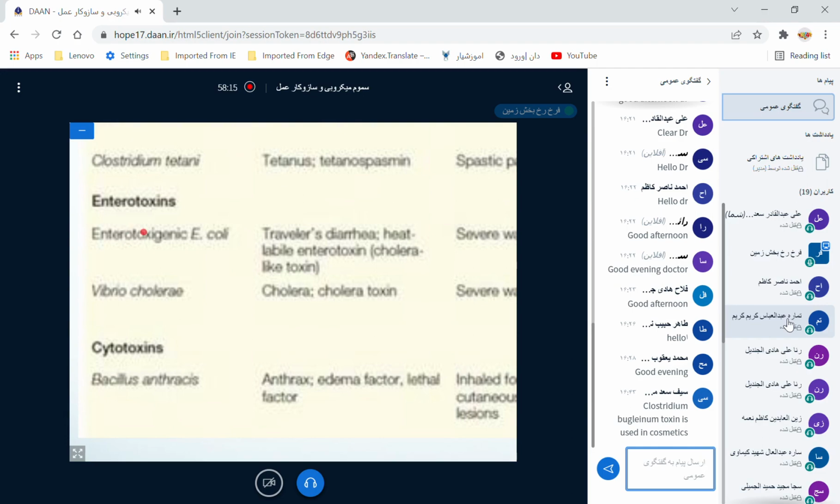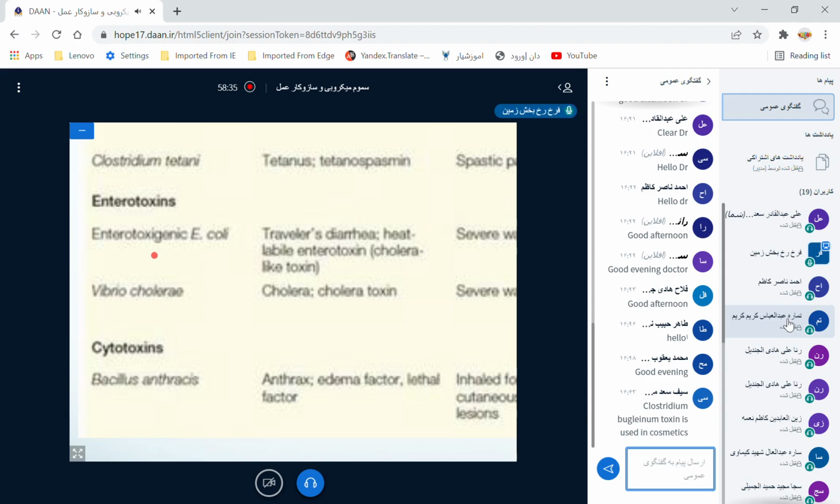Enterotoxins are those exotoxins which are effective on our intestinal cells. Enterotoxins, like enterotoxigenic E. coli.